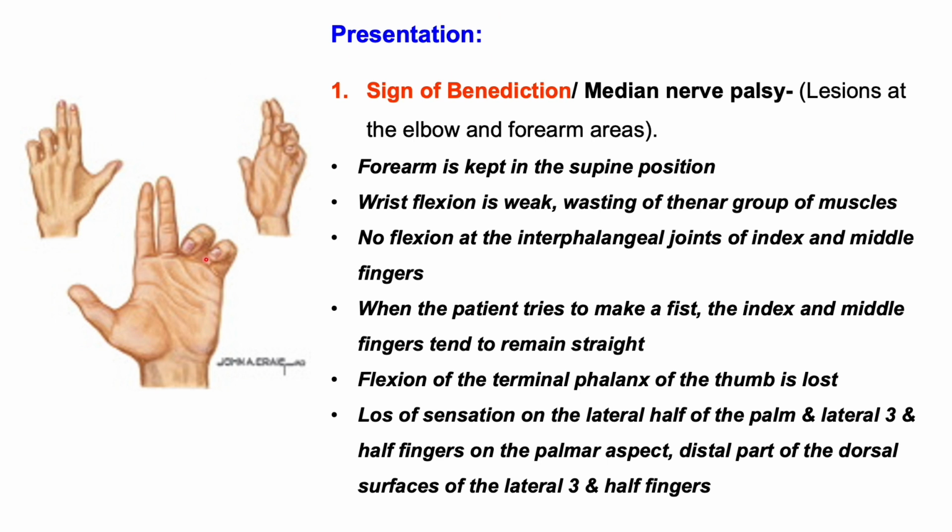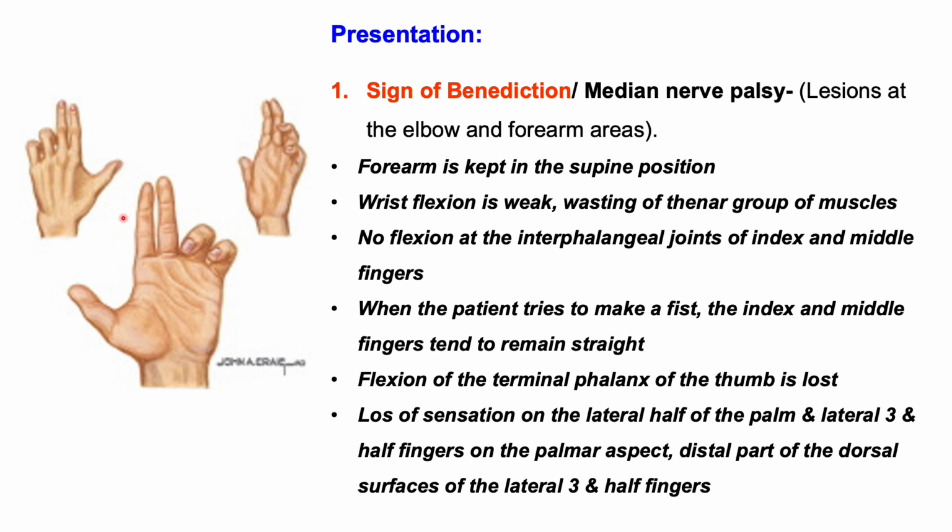Okay, so here you can see, as you know, that the median nerve is the principal nerve of the forearm and mainly supplies the flexors of the forearm, which includes the two main muscles that go into the digits, flexor digitorum superficialis and flexor digitorum profundus. As you know, flexor digitorum superficialis mainly gets its distal attachment to the middle interphalangeal joint.